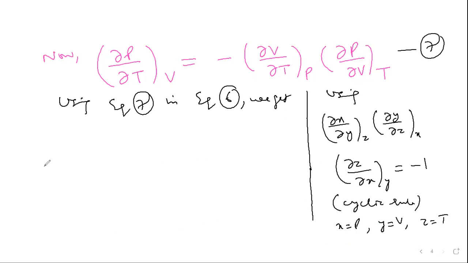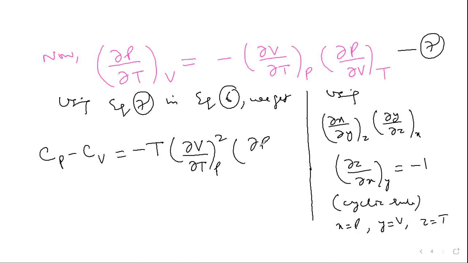So we get Cp minus Cv is equal to minus T times (∂V/∂T at constant P) squared times ∂P/∂V at constant T. This is my equation 8.